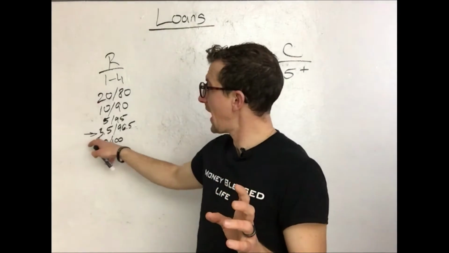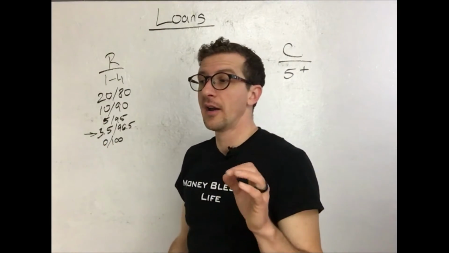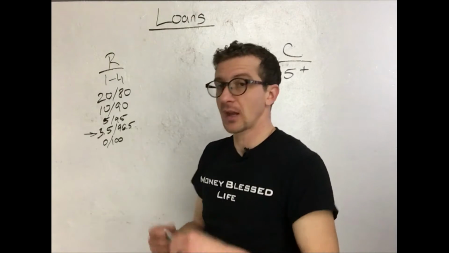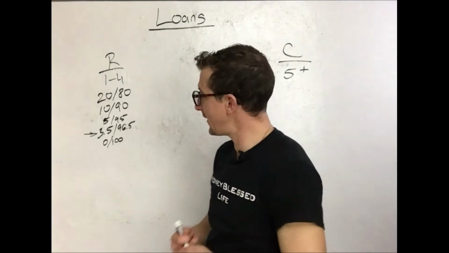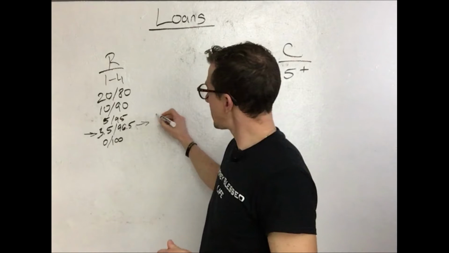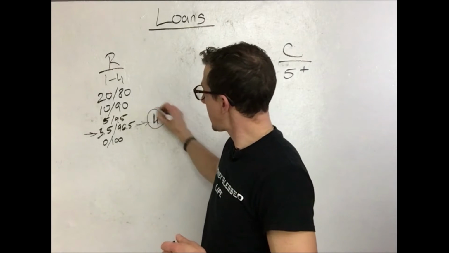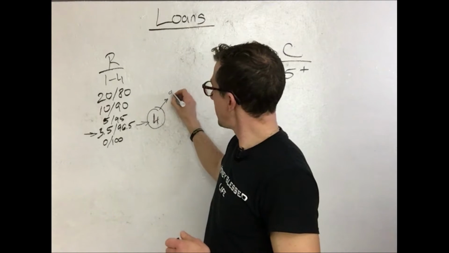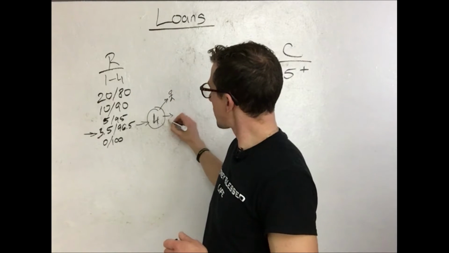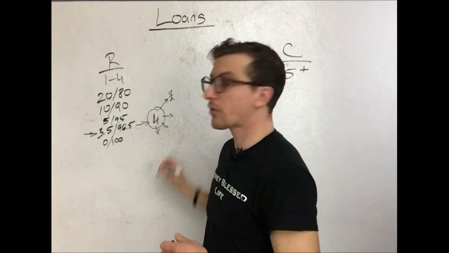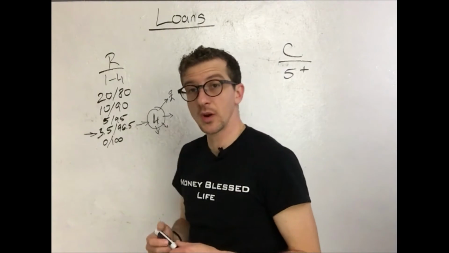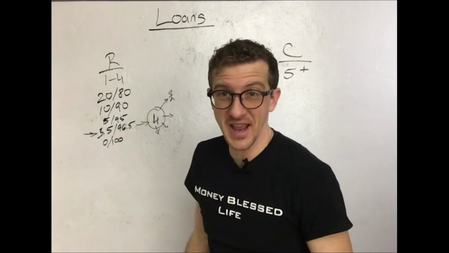So you can't use FHA for investment property unless you get creative and decide to get 4 units, right? Because it will work for 1 to 4 units. You get 4 units, you live in one, and you rent the remaining 3 units. And if you do it well, magic happens.